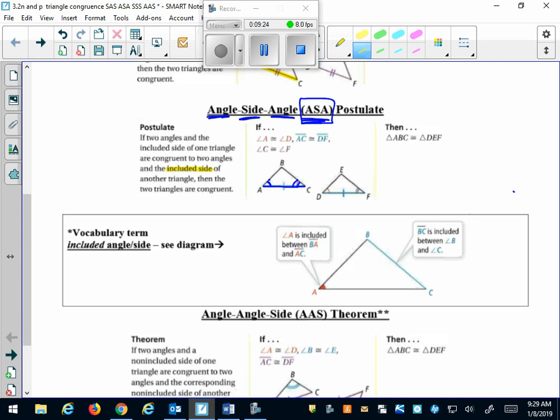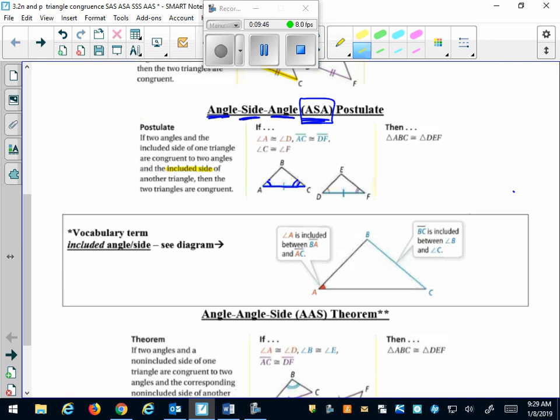Right? So it's really important, the placement on your diagram. 2 angles and the side between those 2 angles. So again, if you lock in that information on one triangle and lock it in to make a second triangle, the 2 triangles have to be congruent. You don't need to know anything about the other sides or the other angle.